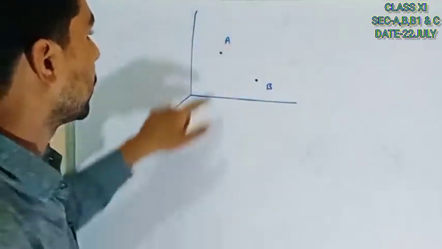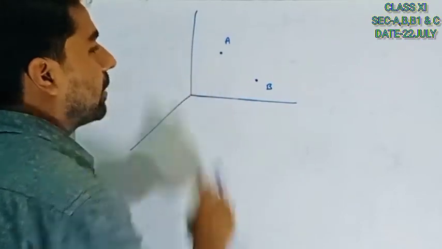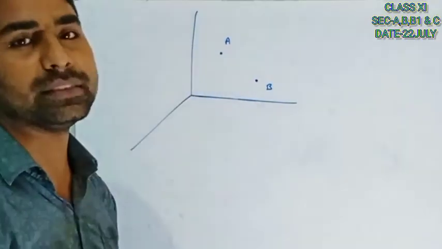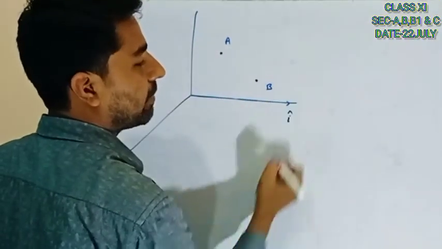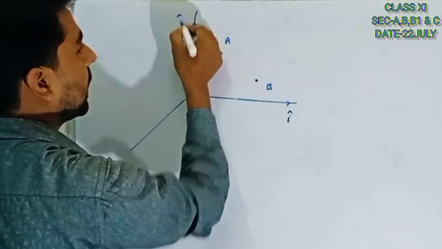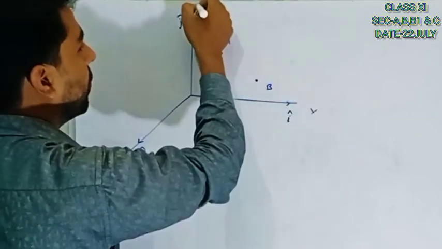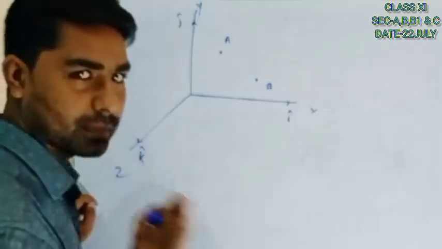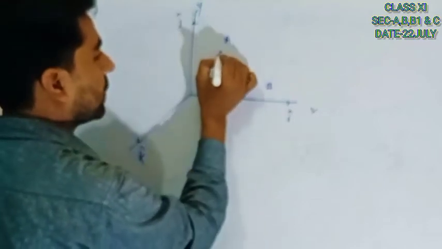This point A will have coordinates x, y and z. On this axis the unit vector is i, on this axis unit vector j, and on this axis unit vector k, taking the axes x, y and z. Clear? Now this vector A, I am joining with the origin.